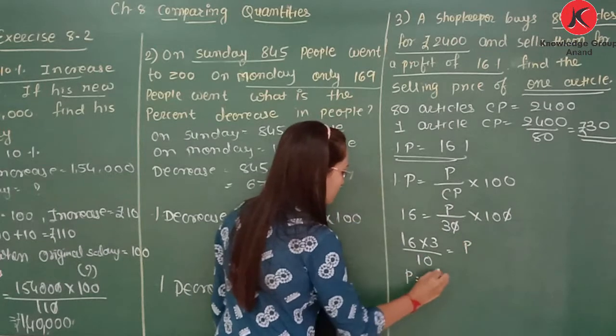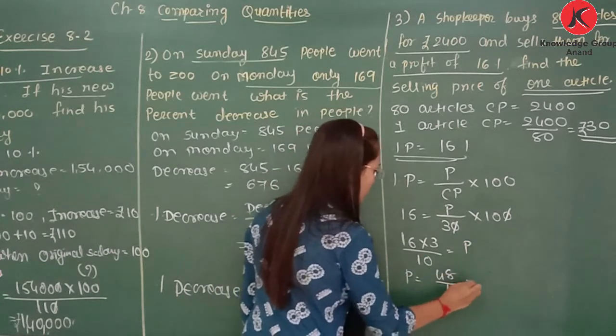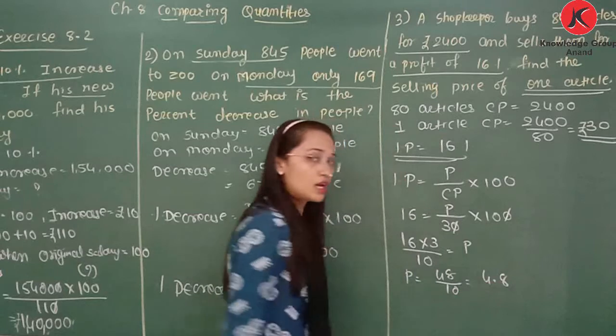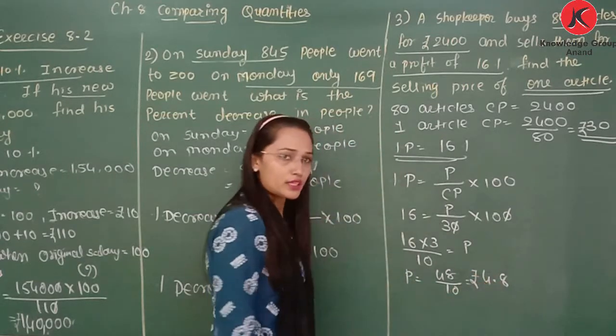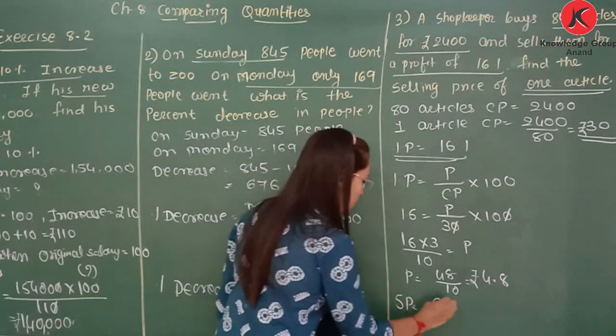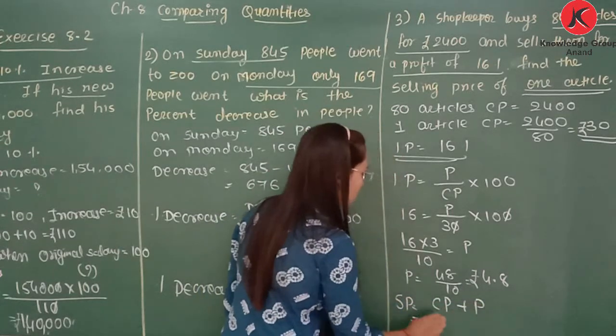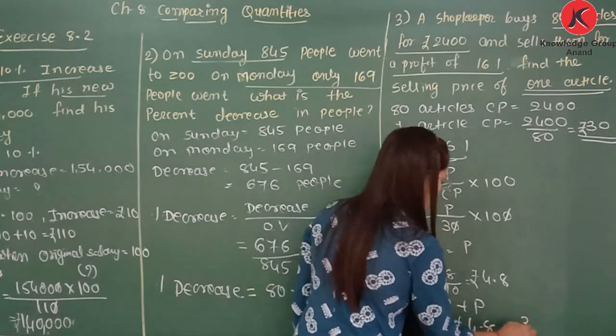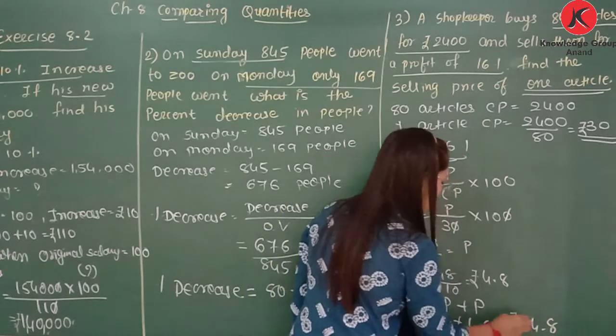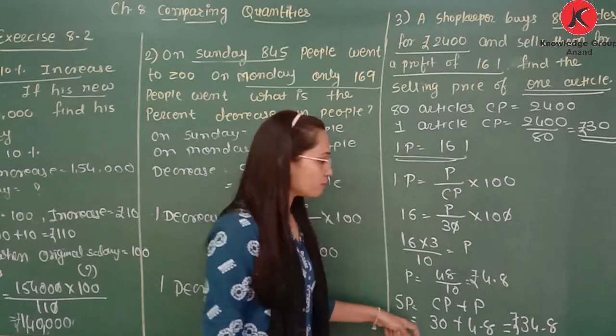So profit is equal to 48 by 10, that is 4.8. Means profit on one article is rupees 4.8. So selling price will be CP plus profit, that is 30 plus 4.8, 34.8 rupees. That will be the selling price of one article.